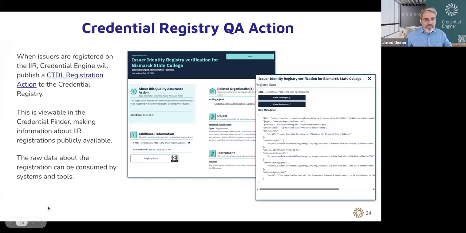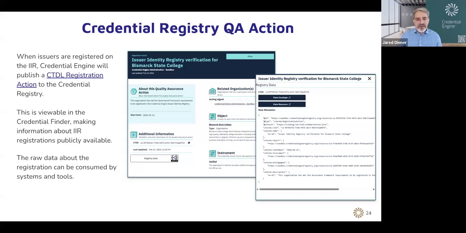And last word for me here is about the quality assurance action, the QA action that Credential Engine will publish to the Credential Registry for every organization that is registered in the IIR. This registration action, which is asserted by Credential Engine for organizations, will make information about IIR registrations publicly available, searchable, and findable.